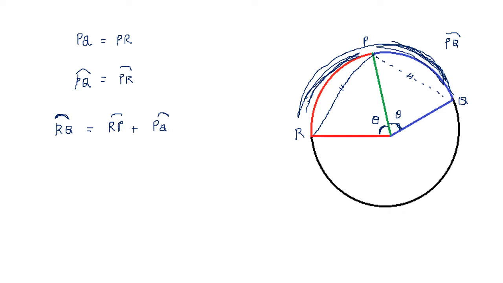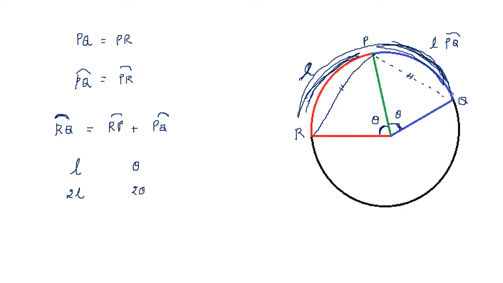Let us say the length of RP is equal to L. So this arc of length L made angle theta, and this arc is also equal, so it also makes angle theta. So twice the arc makes twice the angle.